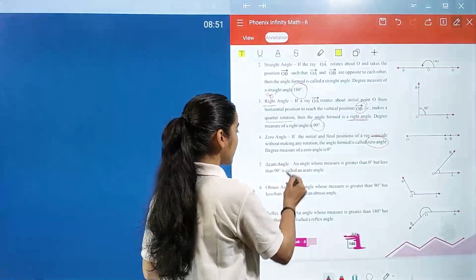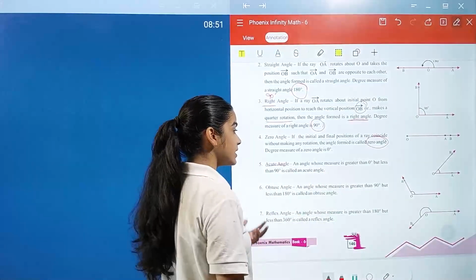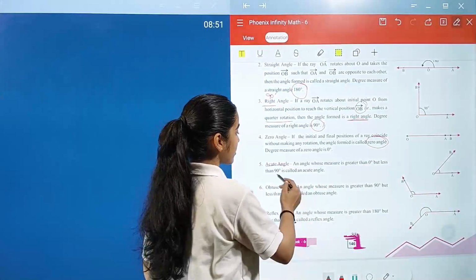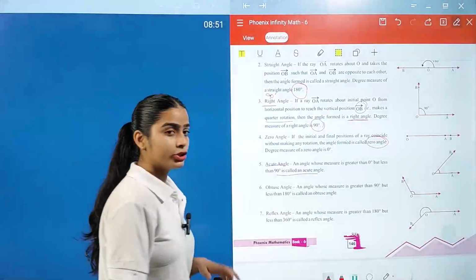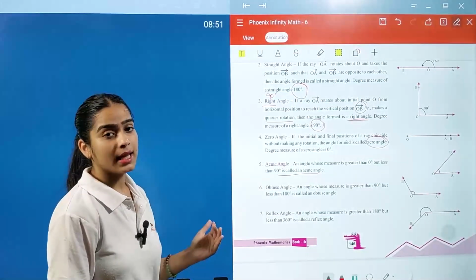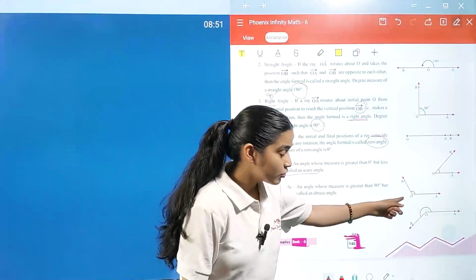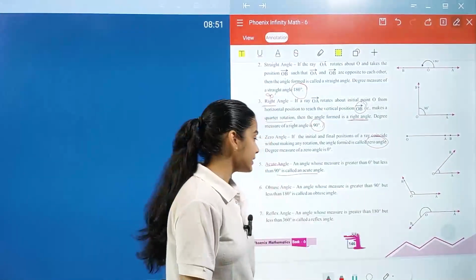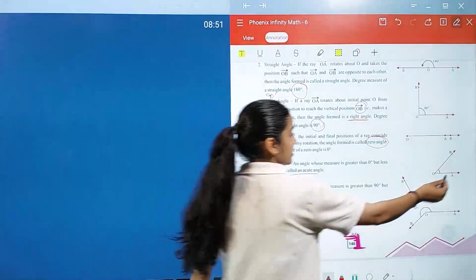Now we have acute angle. An angle whose measure is greater than 0 degree but less than 90 degree is called an acute angle. It should be greater than 0 degree and less than 90 degree. That is why the movement you see here is less than 90 degree.